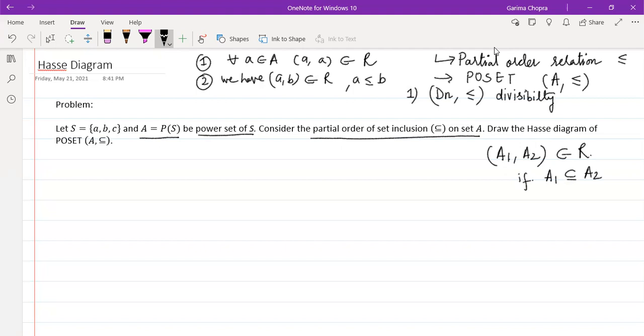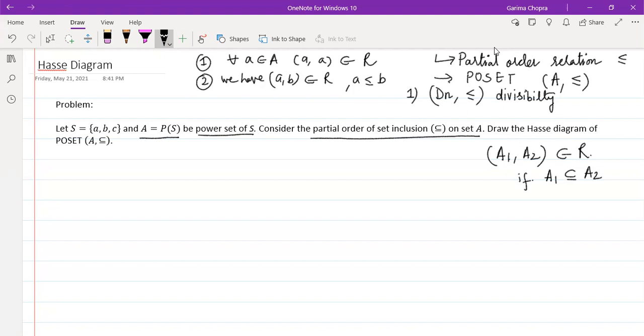So the relation here is set inclusion. Any set A1 present in this set A is related to any set A2 present in this power set if A1 is a subset of A2.